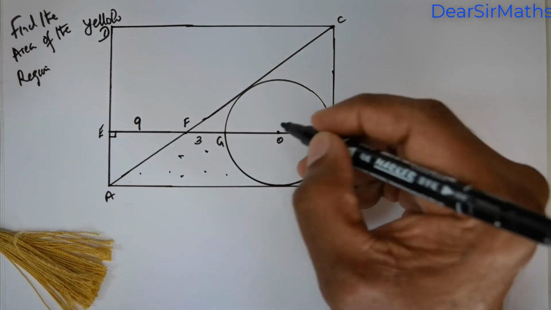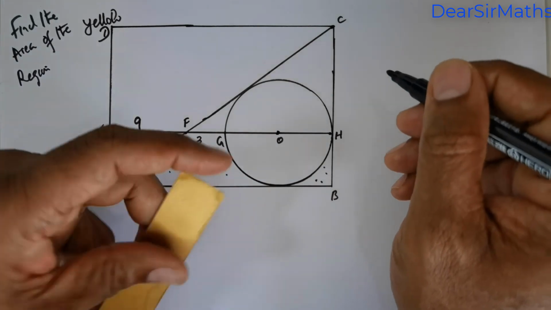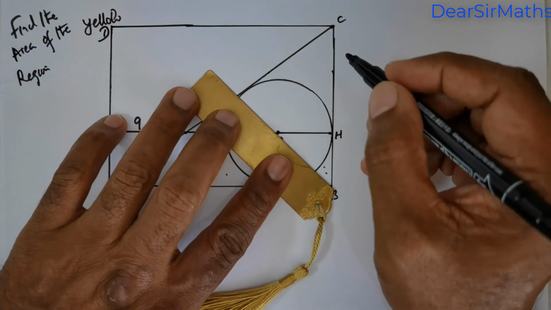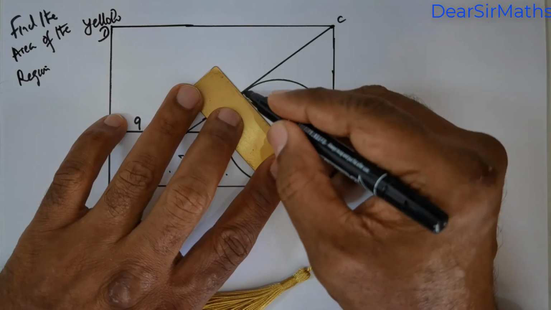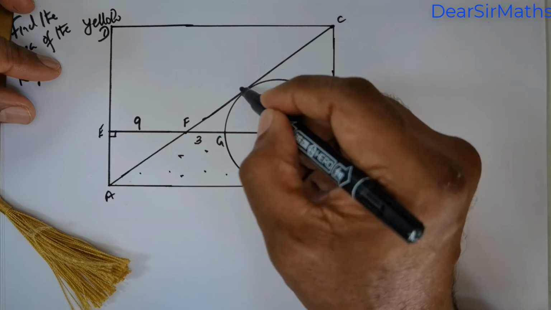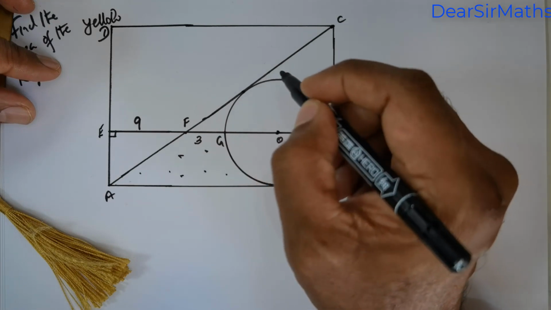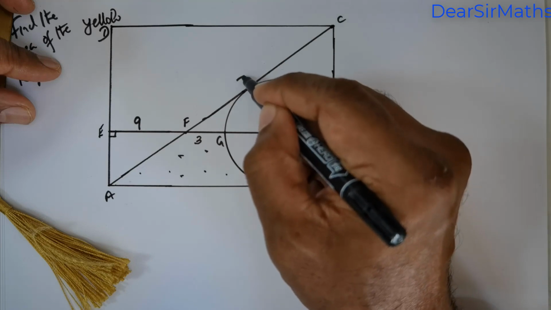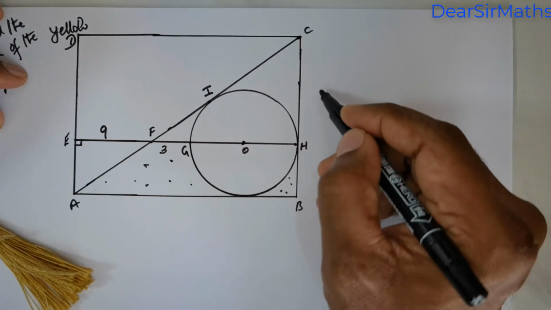Now foremost, what I wish to do is I would like to draw a line from O to the tangent. Right, so let me take this point as I. So this is the solution.